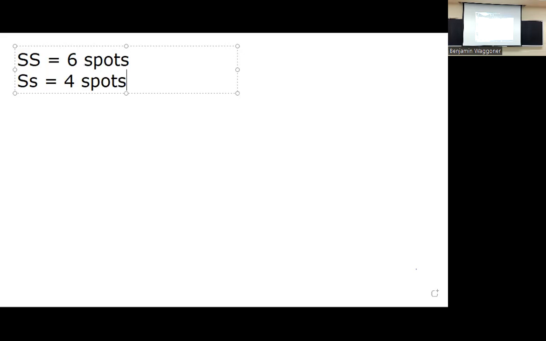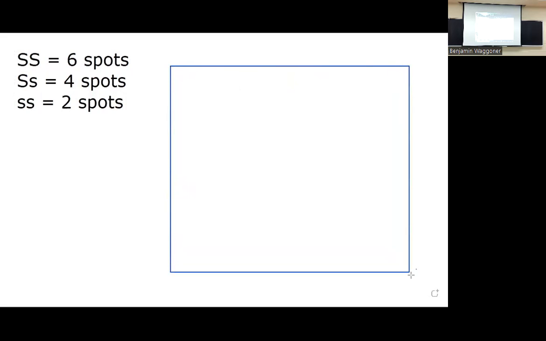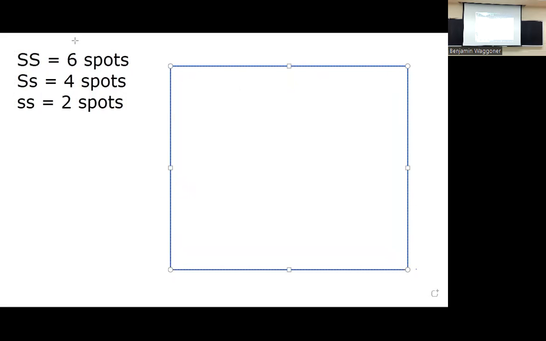All right, so just as a reminder, we have these moths, and if they have genotype big S big S, we have 6 spots. Genotype big S, little s moths have 4 spots on each front wing, and little s little s moths have 2 spots per wing. All right, what we can now do is draw a graph, and we're going to envision different crosses we could make between moths.